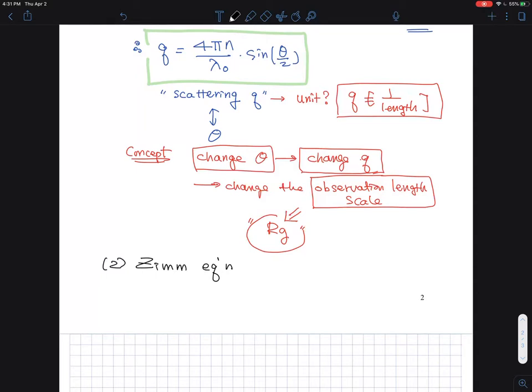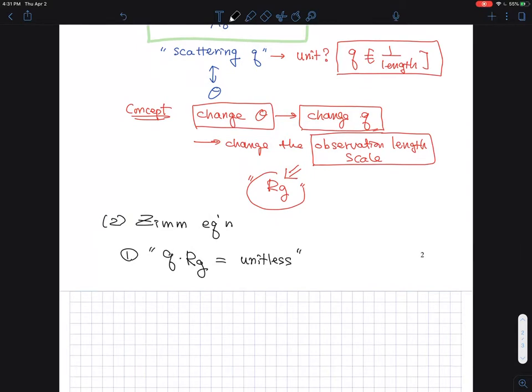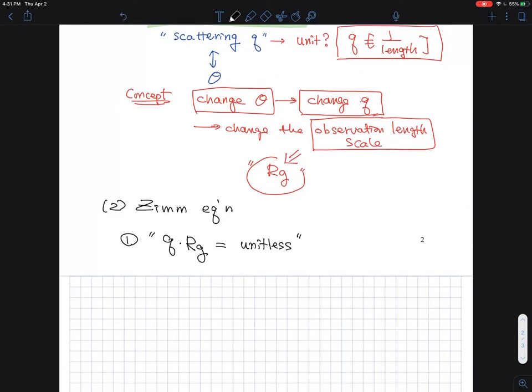Like I said, Q is 1 over length scale. And if you have the intrinsic length scale of the polymer, the radius of gyration, the product will be unitless, right? This is exactly how the Zimm equation uses it in its notation.